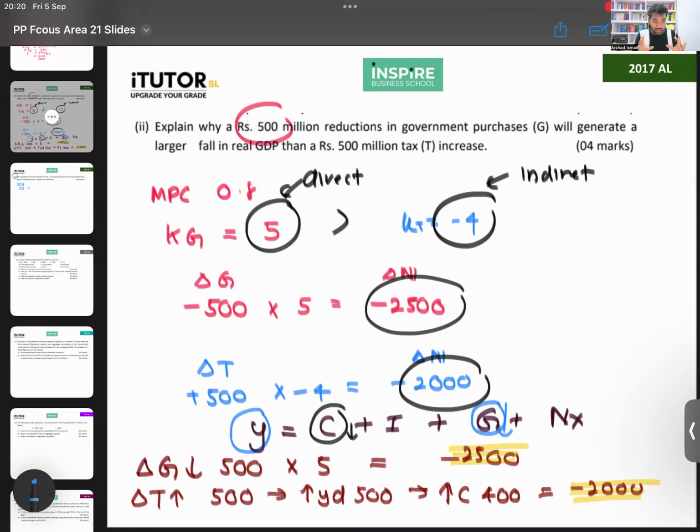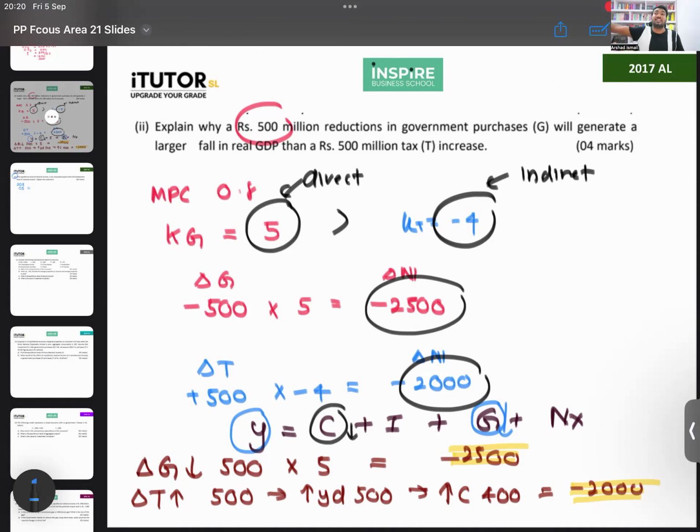So the overall story here is that government spending has a direct impact on national income. That is why when you change government spending, there is a bigger change in national income. Taxes are not a direct component of national income. Taxes first affect your disposable income. From that disposable income, only part of it affects consumption.